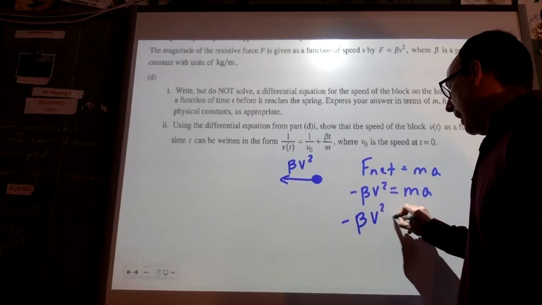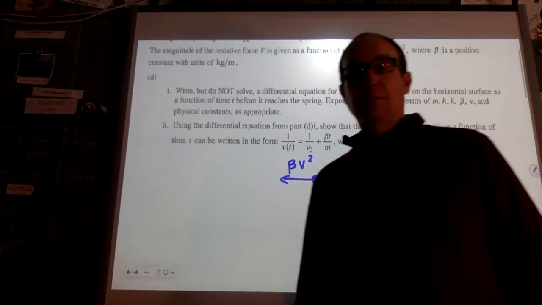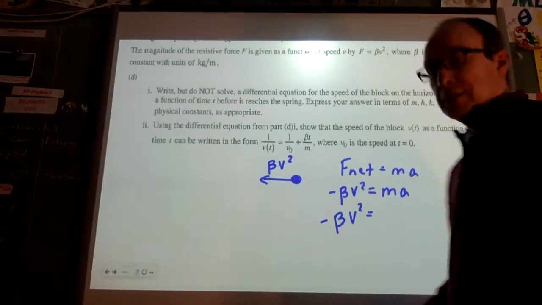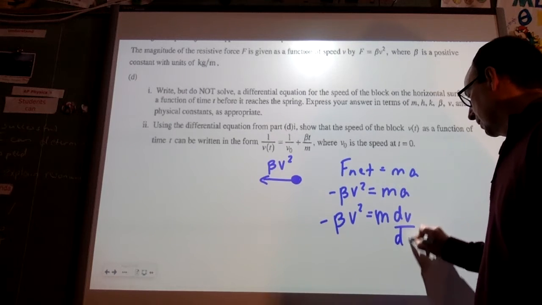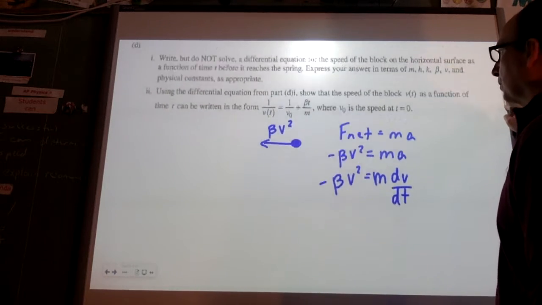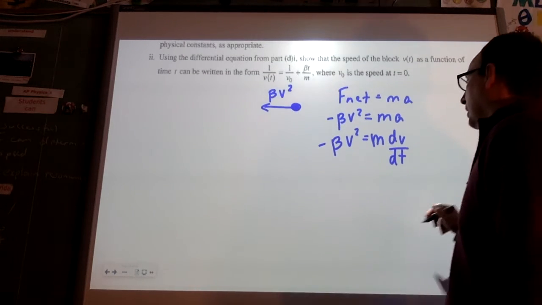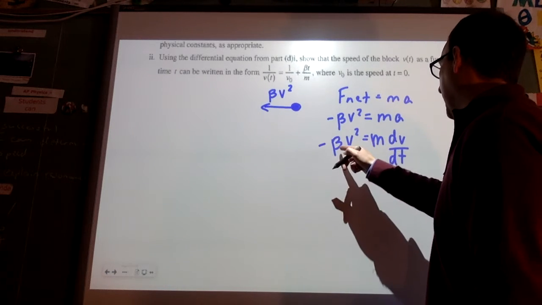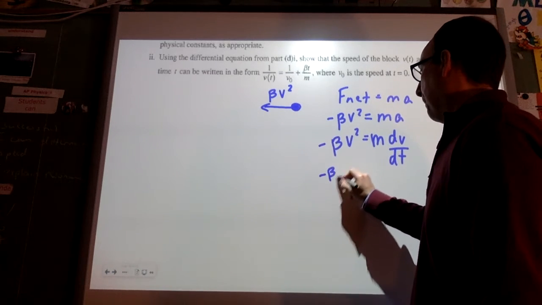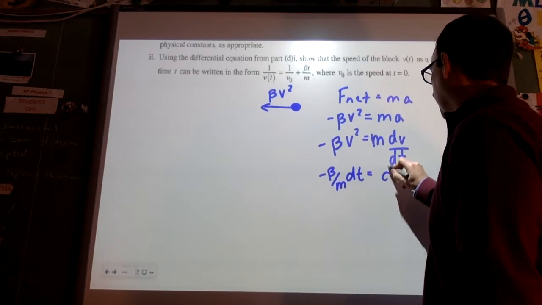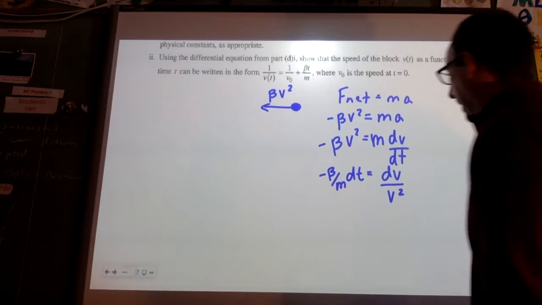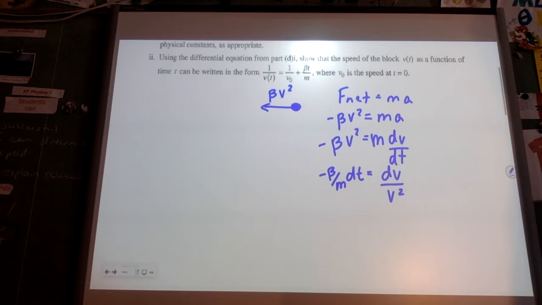I'm going to rewrite A as dV dt. And I'm going to get dt and m over to this side with beta, and I have dV over v squared. So that's part B, or the first part of it.